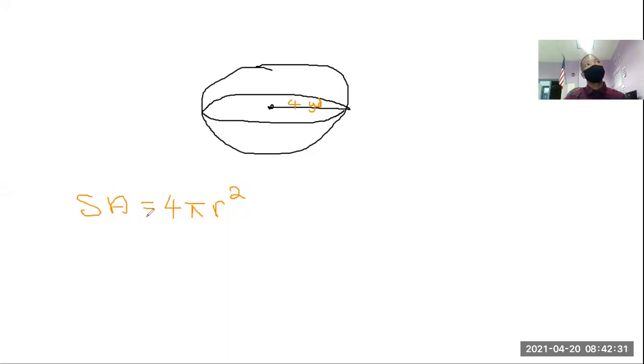While we're working out this question, we're finding the surface area, and we're also finding the volume. The sphere has a radius of 4 yards. So I get my surface area formula, and then I substitute what my radius is into the formula, then I calculate. This equals 4 times pi times, and my radius is 4, so I put 4, and since it's squared, I put squared.